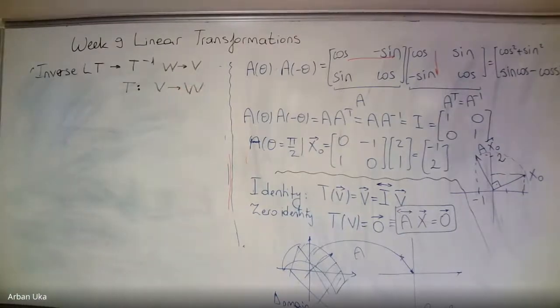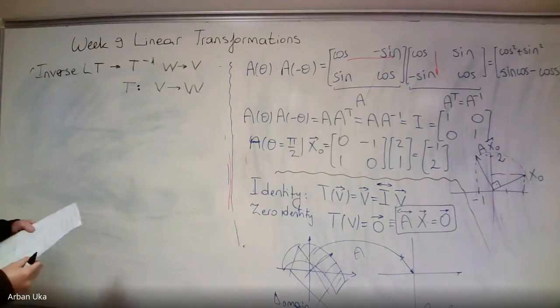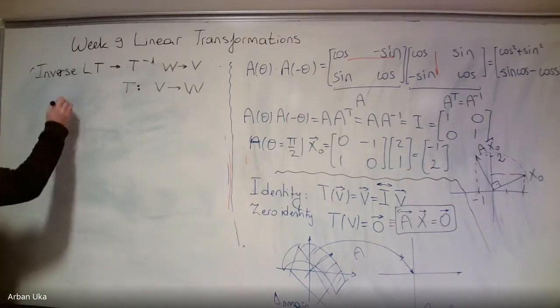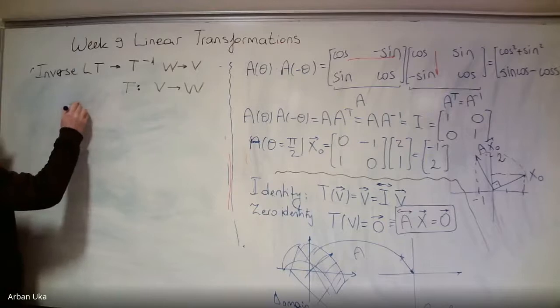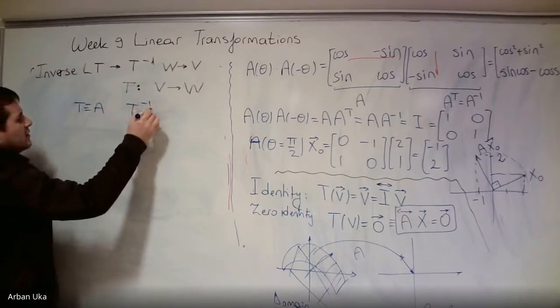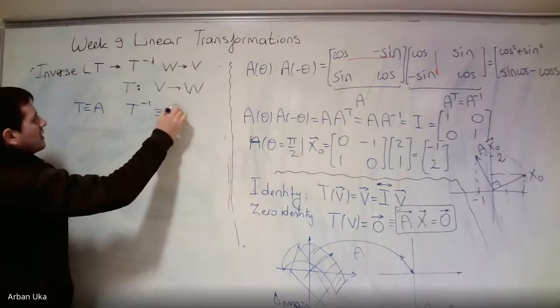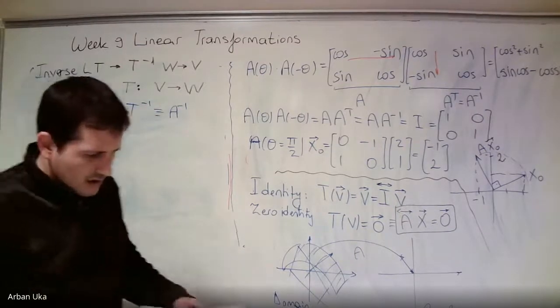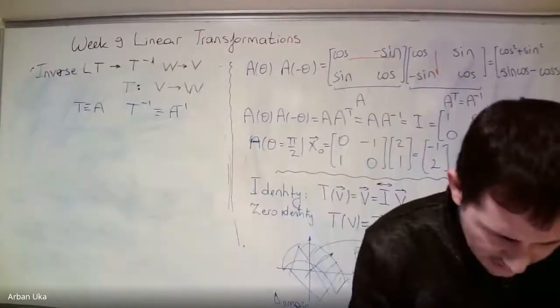So this would be the inverse linear transformation, and in this case, we know that if T is equivalent to a matrix A, then the T inverse is equivalent with an inverse matrix A inverse.